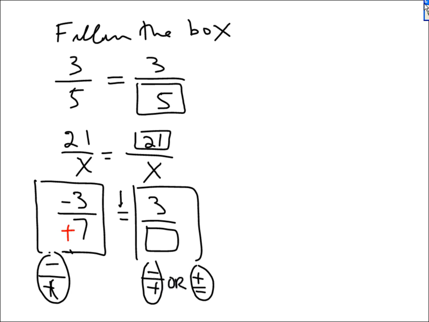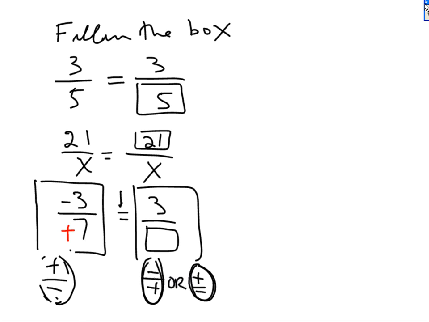If the left side was not negative over positive, but rather positive over negative, the signs are different. That's negative. Positive over negative is negative. But so are these two. That is, either the signs are both the same on both sides of the equal sign, or they're both different.